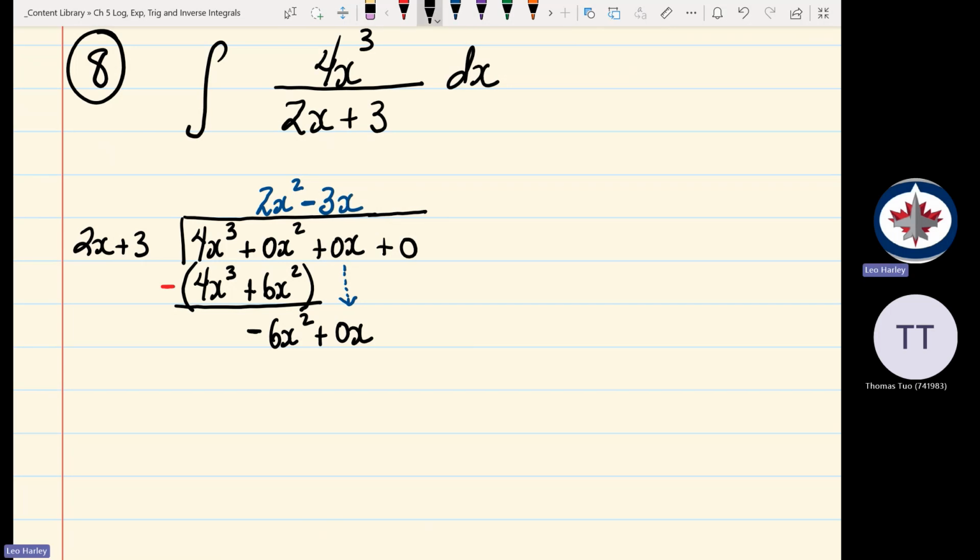Minus 3x times 2x gives us exactly minus 6x squared. Minus 3x times positive 3 will create minus 9x. Then put brackets around it, and subtract. When you do it this way, you'll create positive 9x. And then you need another dance partner.